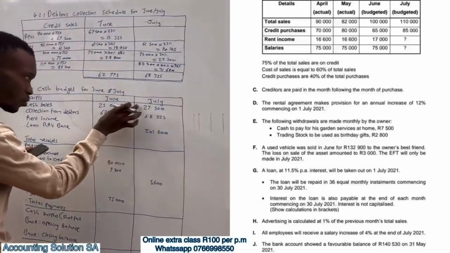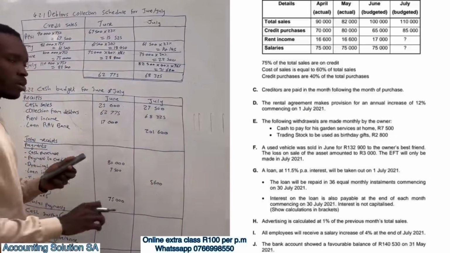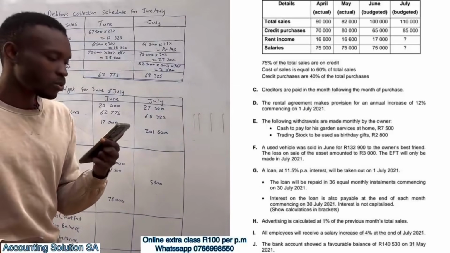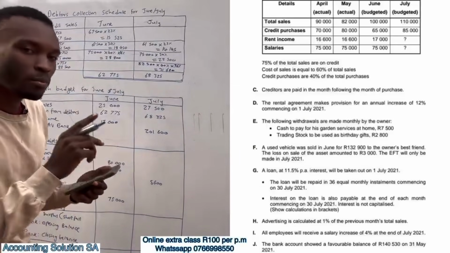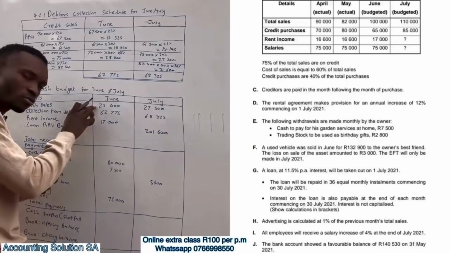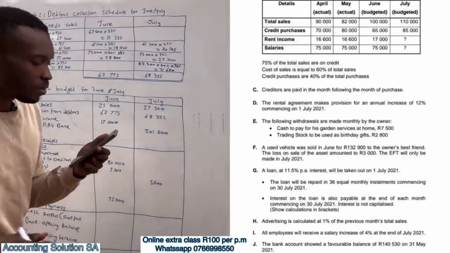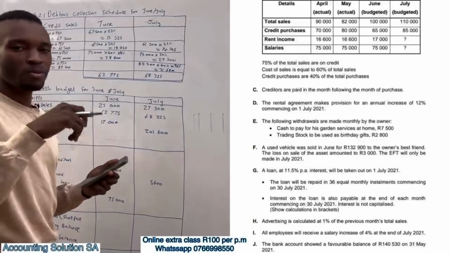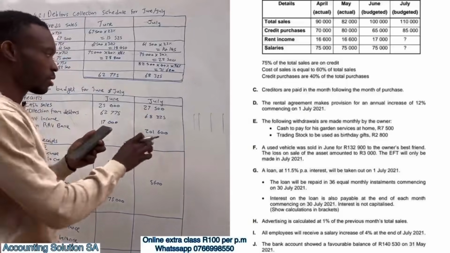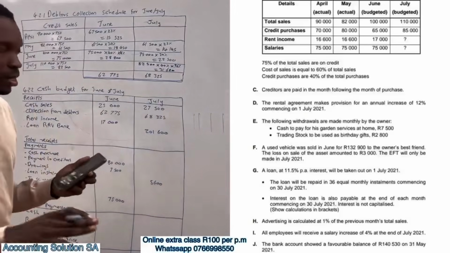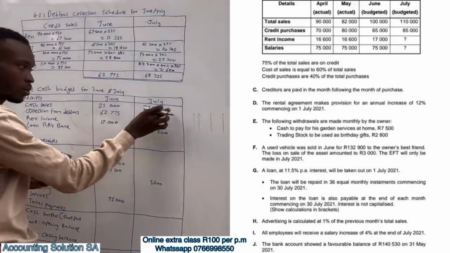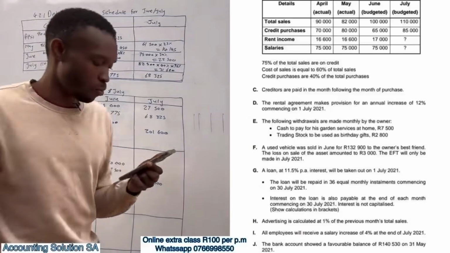In order for you to get this true amount, you just take the amount of June, which was 100,000, and multiply by 25%. It's going to give you this 25,000. You do the same in July, 110,000 multiplied by 25% of cash sales, you're going to get this one. Just like that. So that's why there was no mark allocation here. It was there on the answer book.